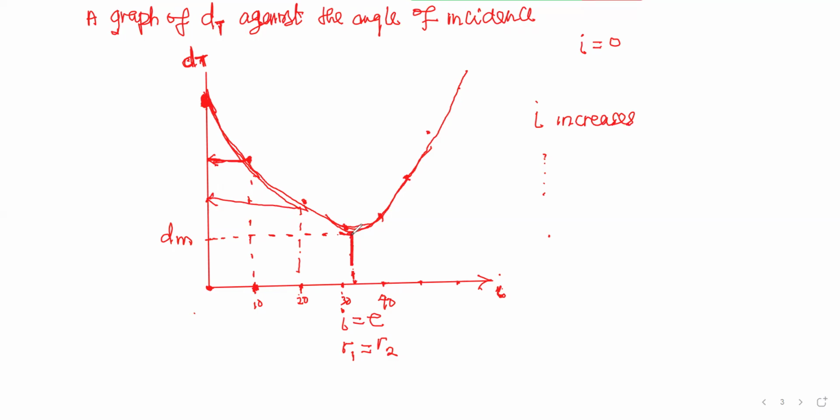And when it comes to this angle, which is close to 30, then we have the minimum deviation. So the angle of incidence 30 seems to be giving us the minimum deviation. Then as I increases, the deviation begins to shoot up instead of decreasing. Are you okay?